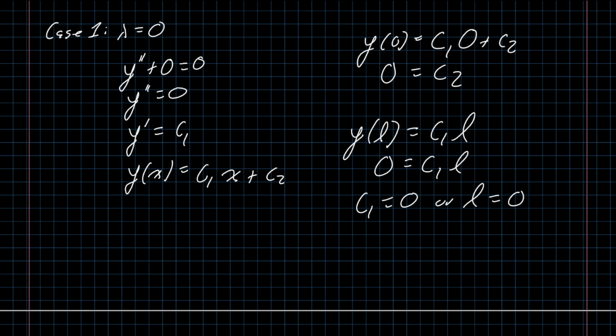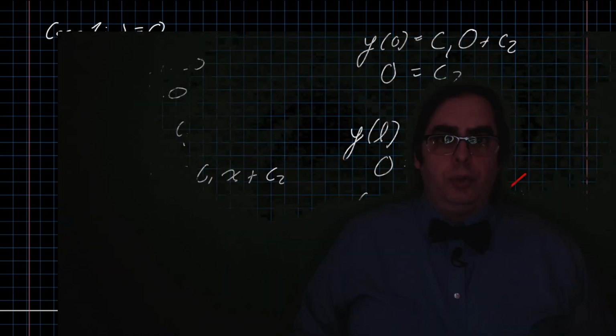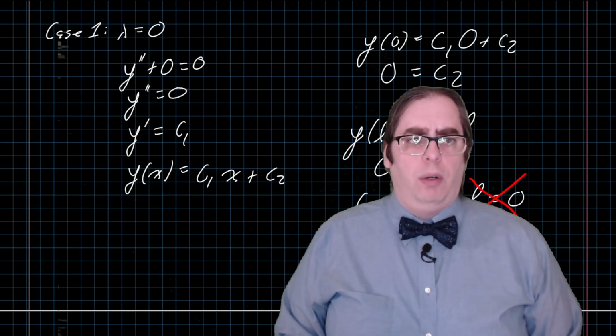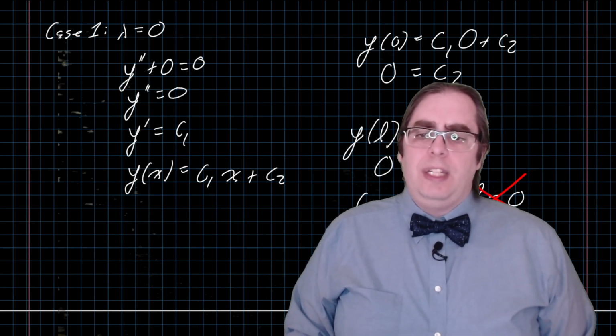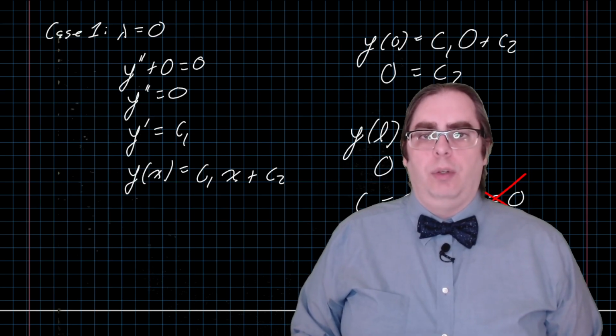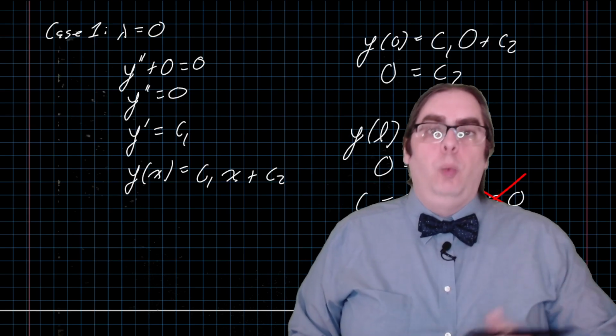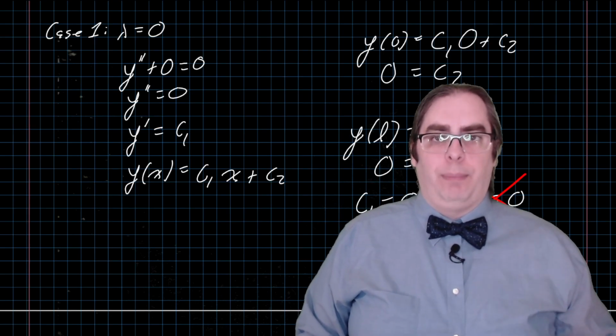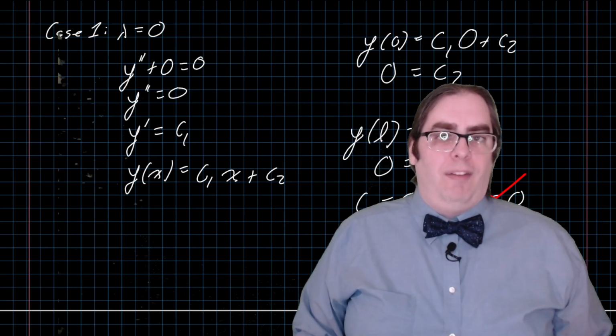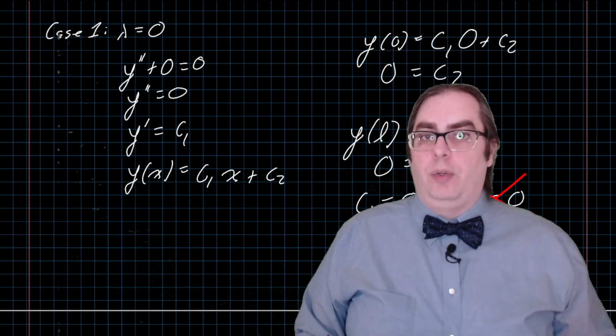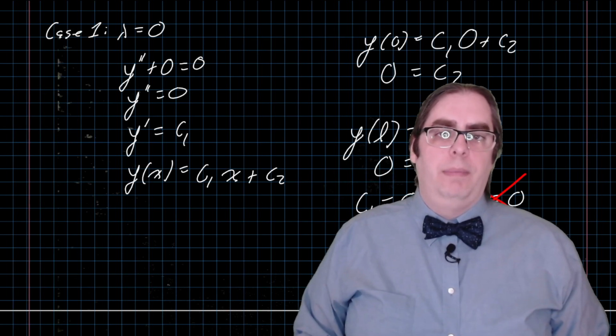And unfortunately, we can in fact rule out the case that L equals 0. If it were true that L equals 0, then we wouldn't have two boundary conditions, right? We already have y of 0 as one boundary condition. We need a second boundary condition at a separate point. If we only have one boundary condition, obviously we don't have enough information to solve the problem.